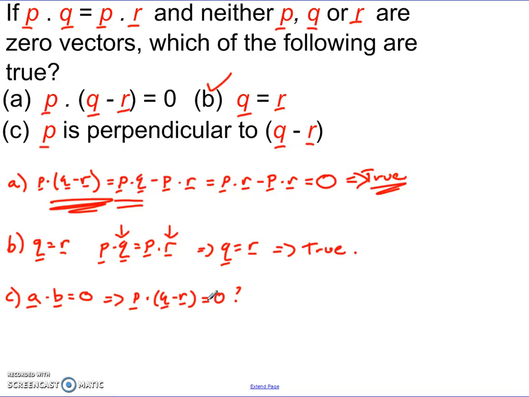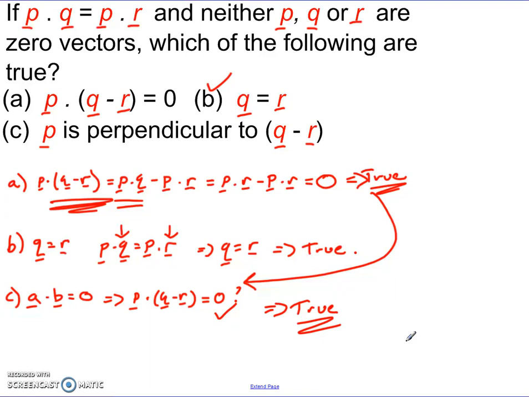Well, does it? Yes. The first property was true, p dot (q minus r) equals 0, so we can just take that and use it here. We've proven it's true, so we don't have to worry about that at all. We can just take it as being true. We know p dot (q minus r) equals 0. That's correct. a dot b is equal to 0. Therefore, they're perpendicular. So that third property is true as well.